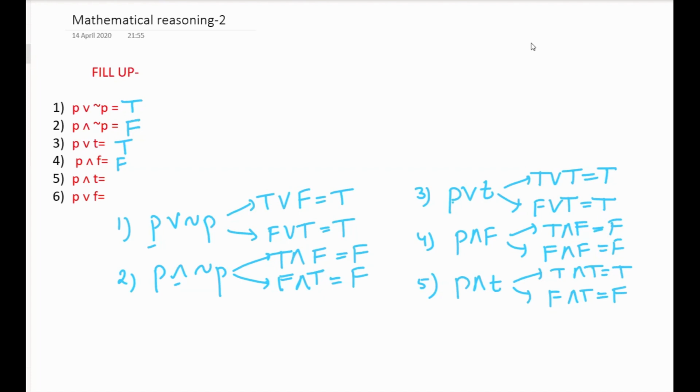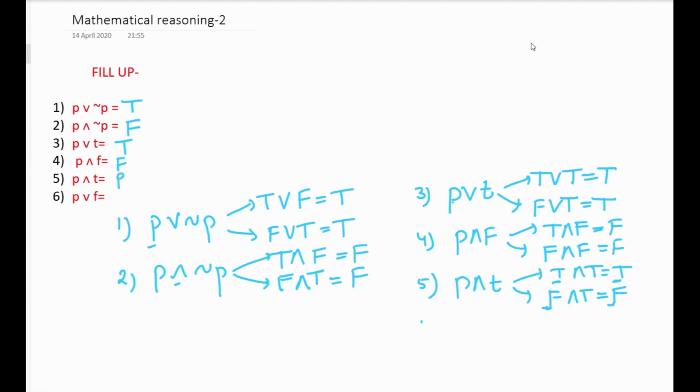So what I conclude from here is that whatever the value of P, that is the answer. If P is true, I get a true answer. If P is false, then I get a false answer. That means in this case, my answer is P.